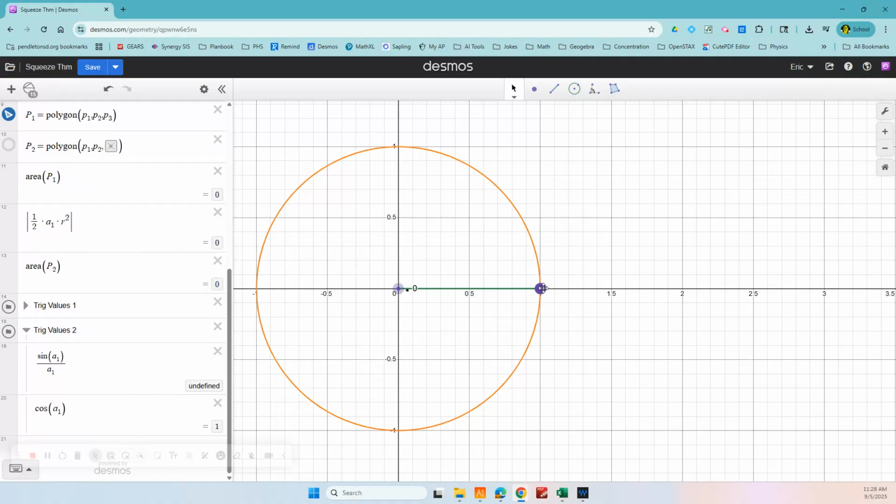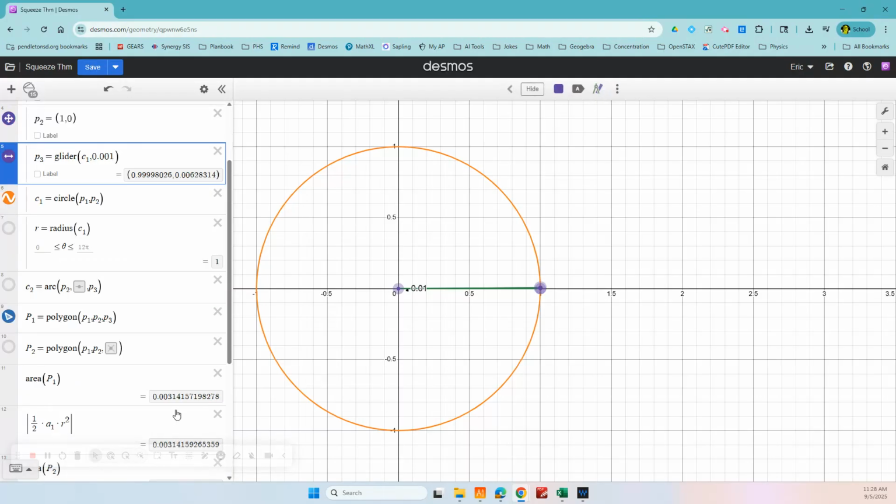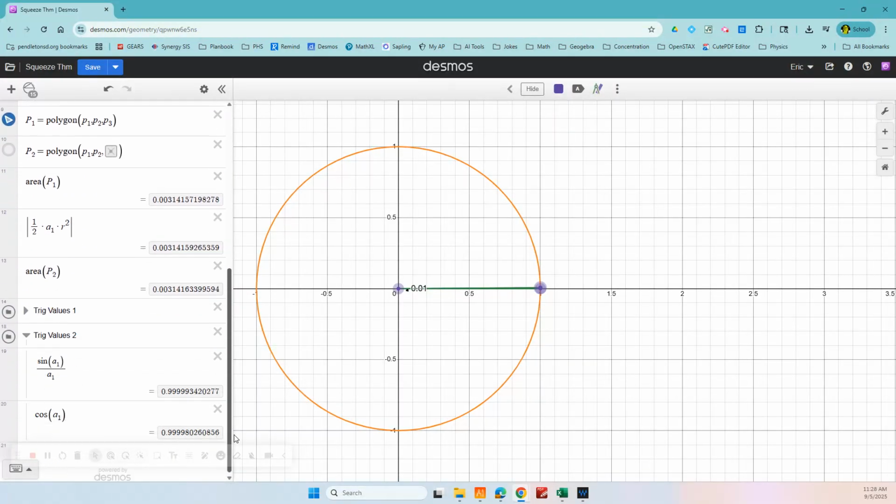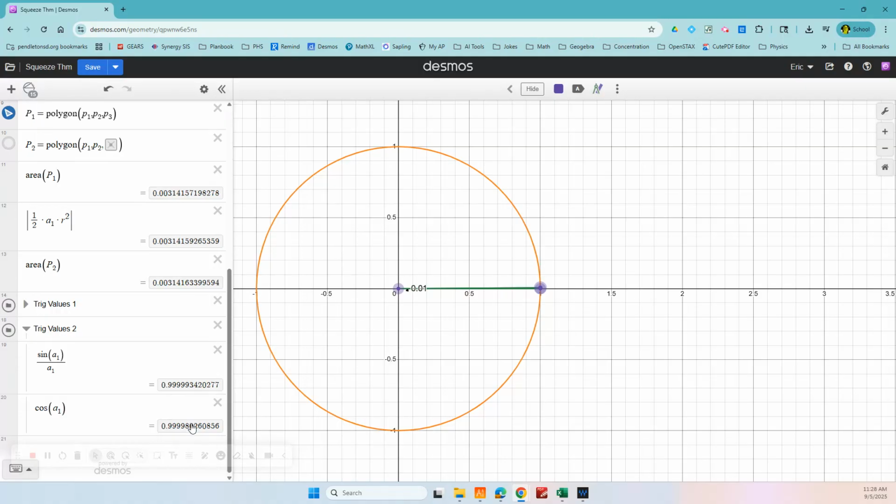But as theta approaches 0, they're all getting dragged to 1, right? And so by the squeeze theorem, the limit of sine theta over theta is 1.